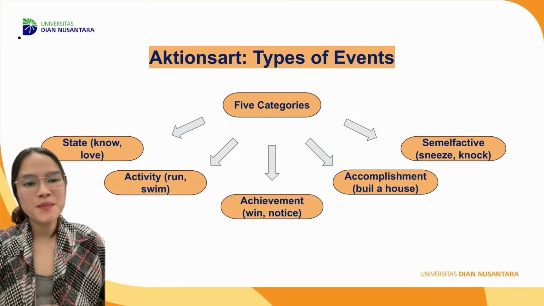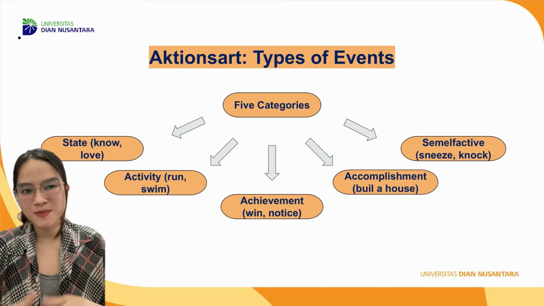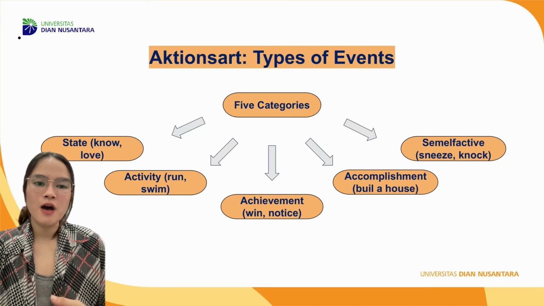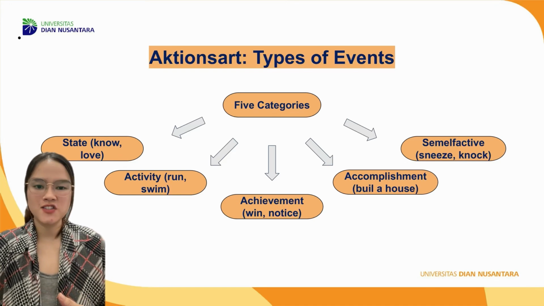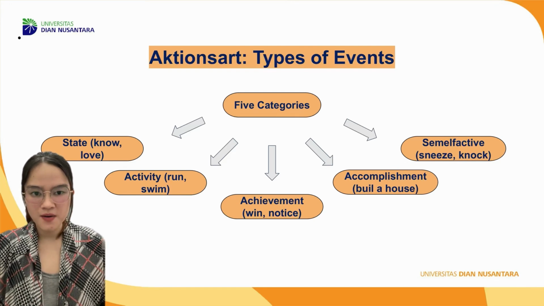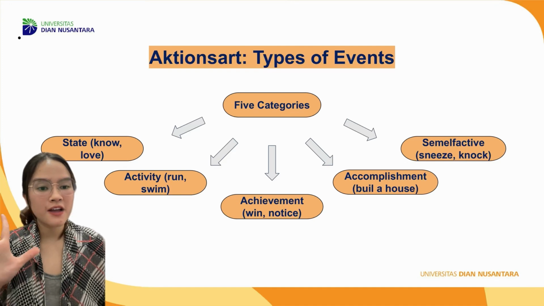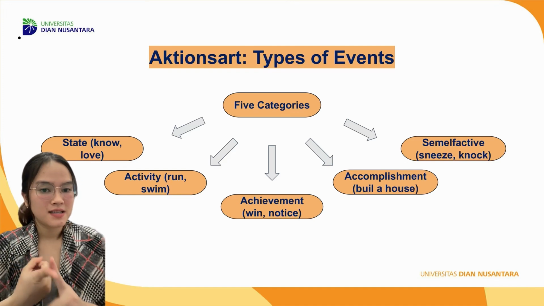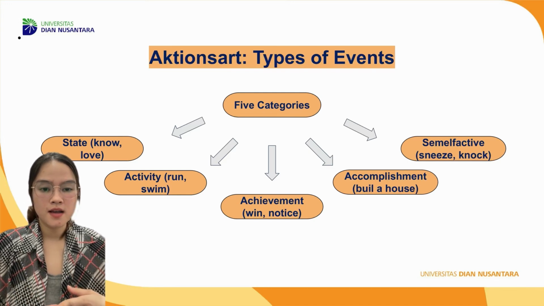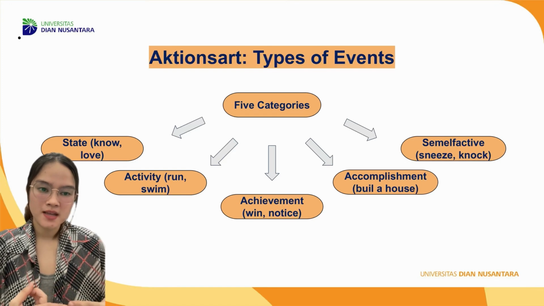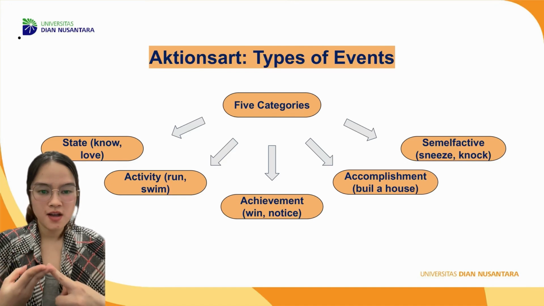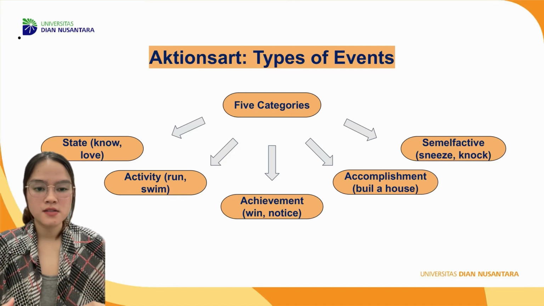Let's go deeper into verbs with a concept called action type or lexical aspect. This is all about the inherent nature of actions, how they behave in time, regardless of grammar. We group verbs into 5 basic types. First, states, ongoing conditions like know or believe. Second, activities. These are actions with no endpoint like run or swim. Third, there's achievement.